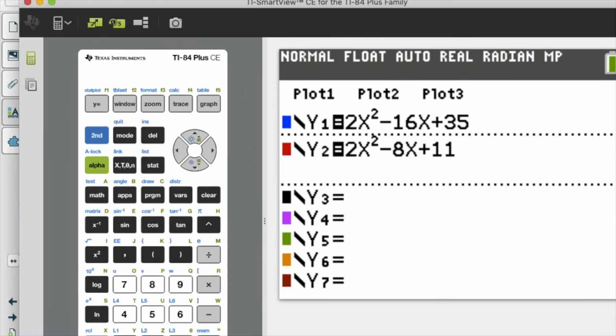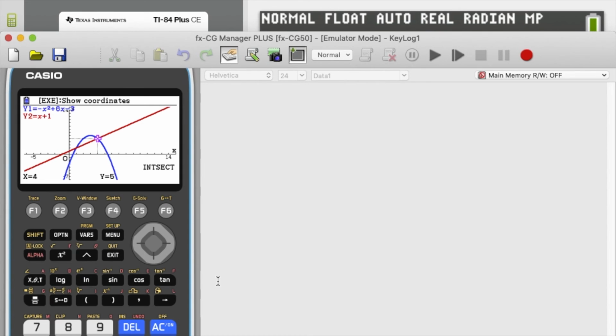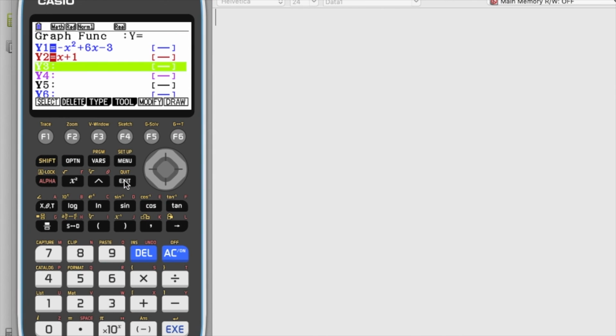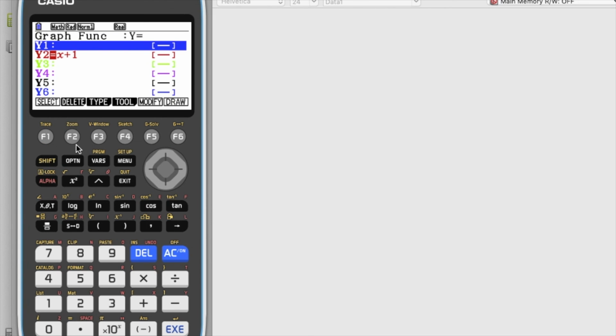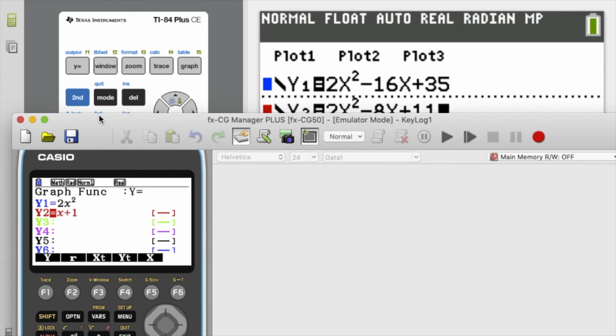Okay, and then on my Casio, I'm going to go over here. And it was 2x squared minus 16x.